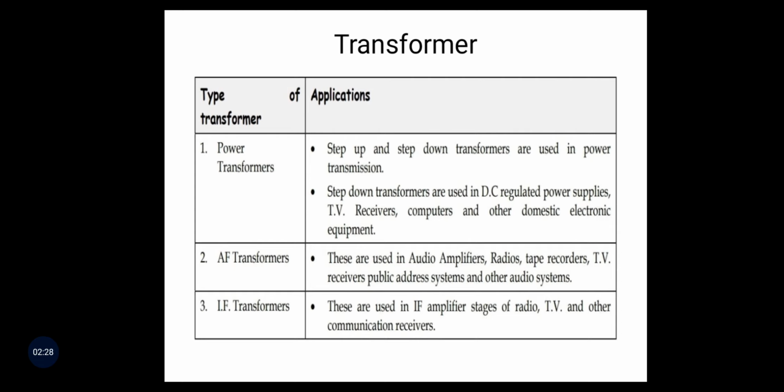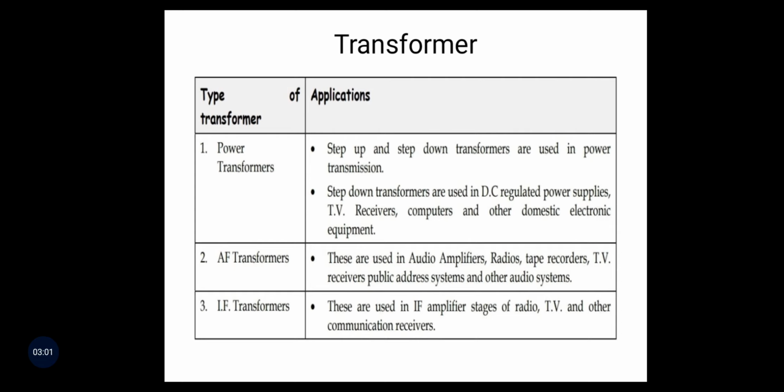That means here the primary voltage is less than the secondary voltage, or the secondary voltage is greater than the primary voltage. Example, if I apply 2 volts at the primary winding, then it converts to above 2 volts, that means 3 volts, 5 volts, like that. That is a step up transformer.